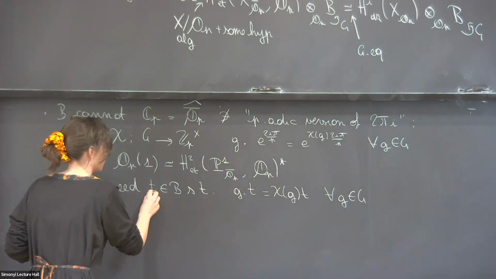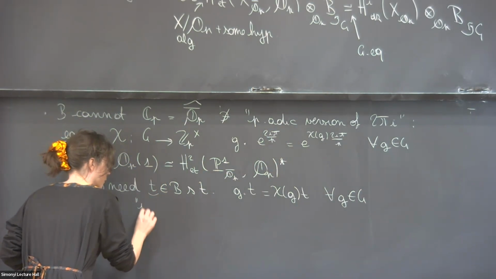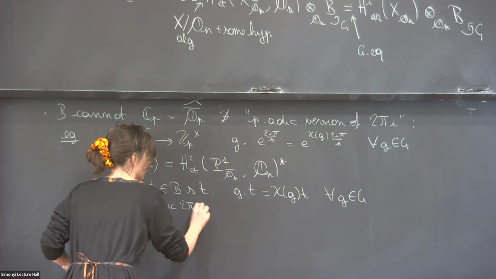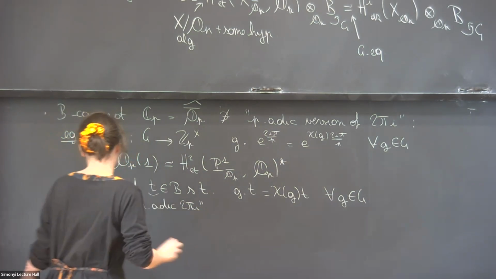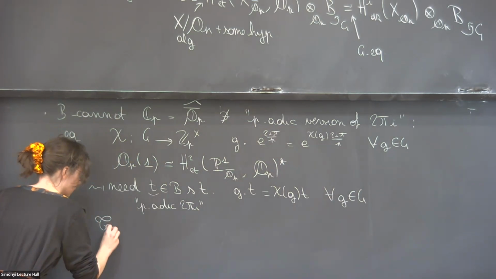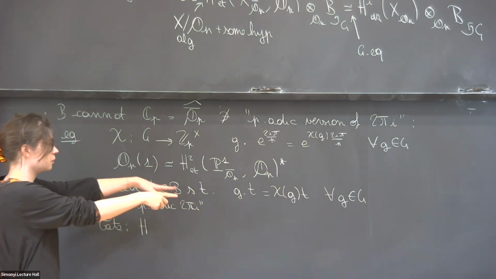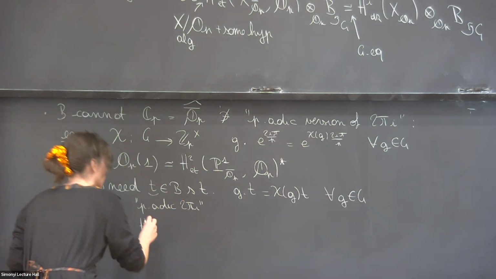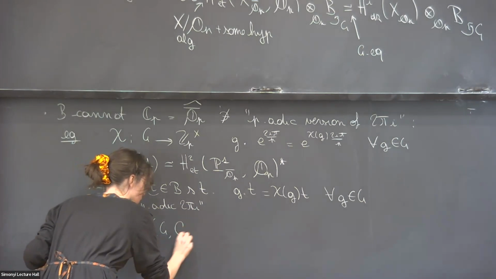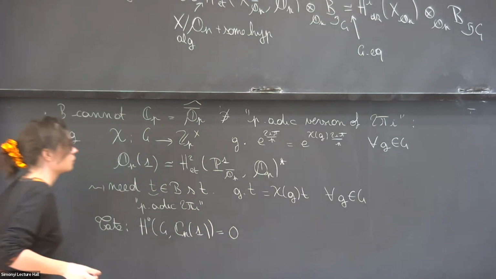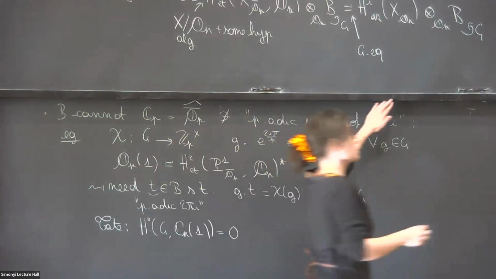This is the element which will be like the p-adic 2 pi i. And there is a result of Tate that there is no such element in C_p. So we need to consider a bigger ring.